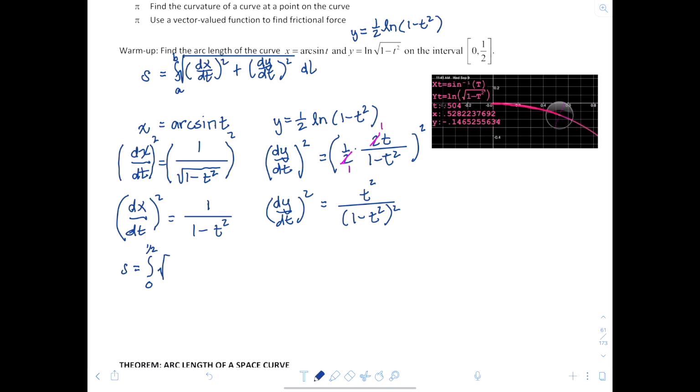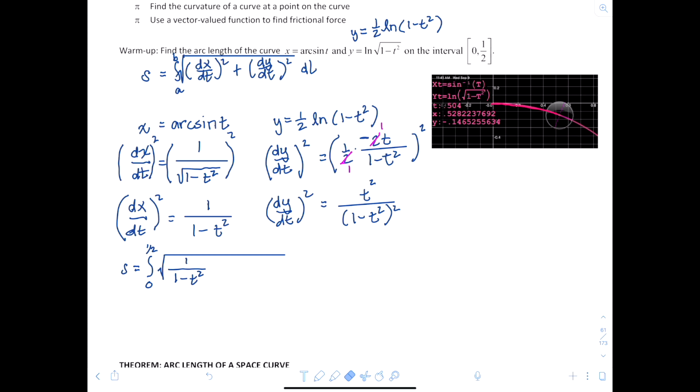the square root of 1 over 1 minus t squared. That was dx/dt, the quantity squared. And by the way, remember this was a negative right here.